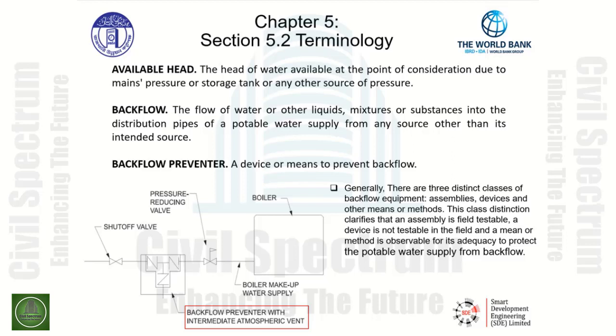Based upon the pressure differentials between the check valves, lower pressures in the potable connection will cause the water to be discharged through the intermediate atmospheric vent at the bottom of the backflow preventer, thus not allowing the water to migrate back into the potable water supply. This is one means of how we protect the potable water supply from backflow.